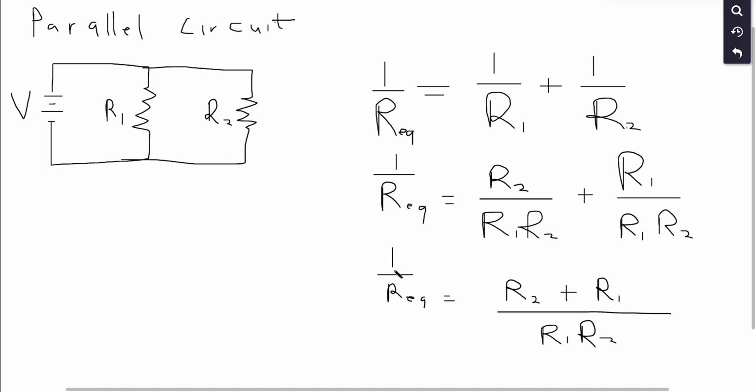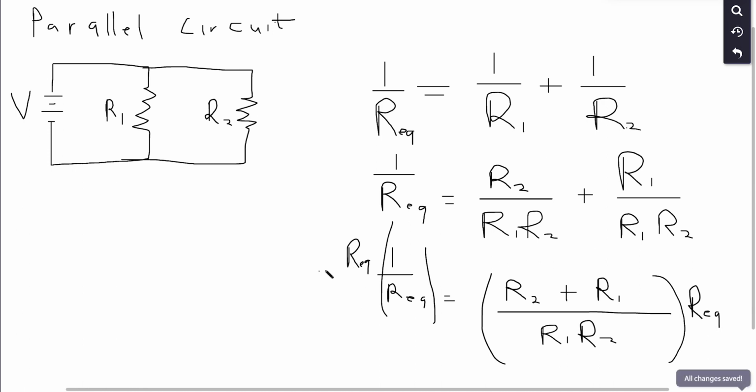So to solve for the equivalent resistance, we would just multiply this whole side by R EQ, or equivalent, and then do the same here as well, R EQ. Now we have it in the numerator and the denominator, so these cancel.